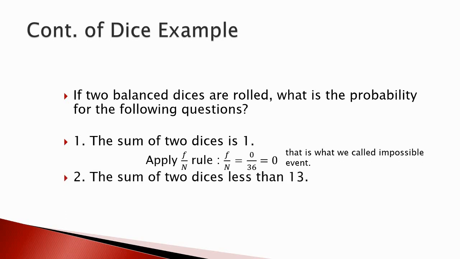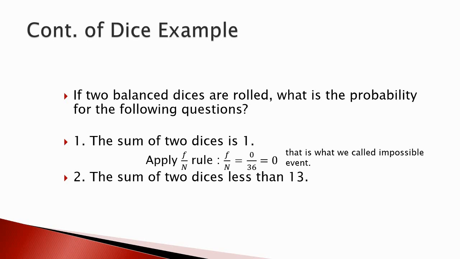Second, the sum of two dice is less than 13. Based on observation of the table, the highest number on each die is 6. So if we get the highest number on the first die and also the highest number on the second die, which is 6 on the first and 6 on the second, the sum of them is 12.